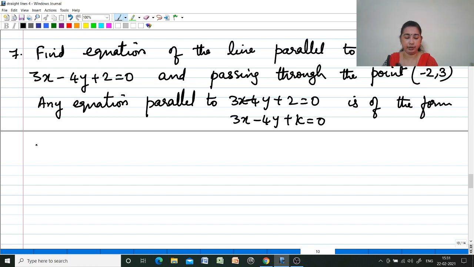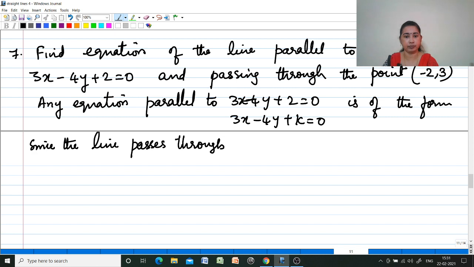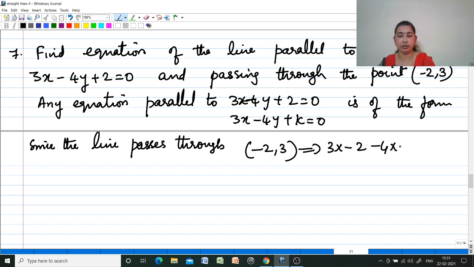So since the line passes through (minus 2, 3), we can substitute for x and y. So 3 into minus 2 minus 4 into 3 plus k is equal to 0.